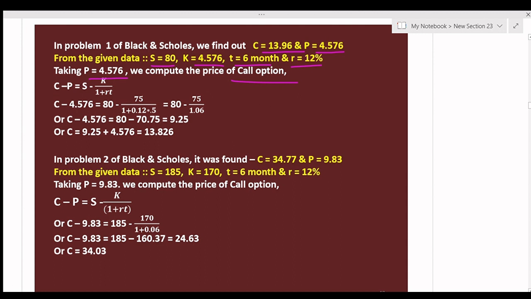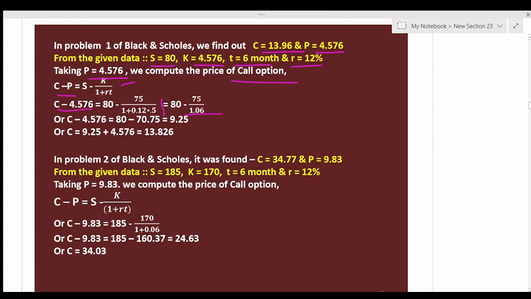Using the formula C minus P is equal to S minus K by 1 plus RT, that is C minus 4.576 is equal to 80 minus 75 by 1 plus 0.12 into 0.5, that is 80 minus 75 by 1.06.